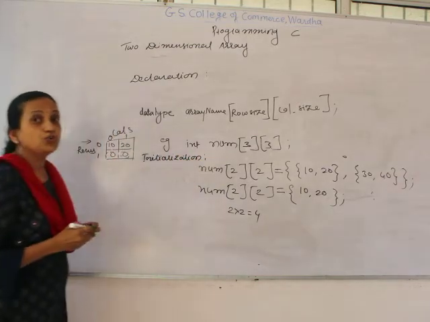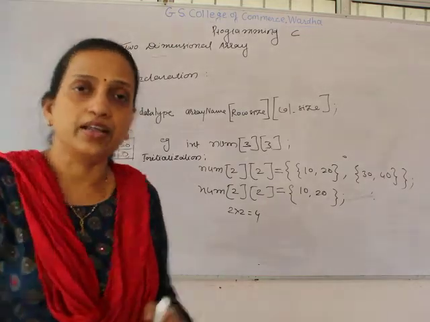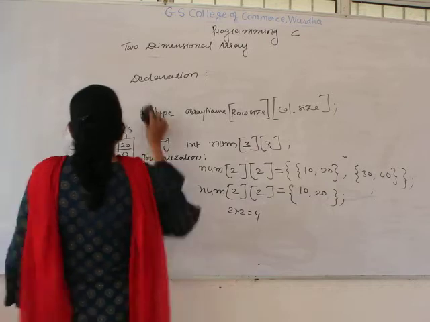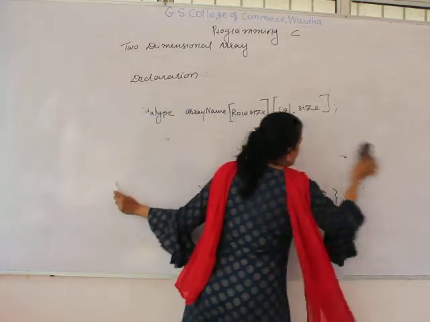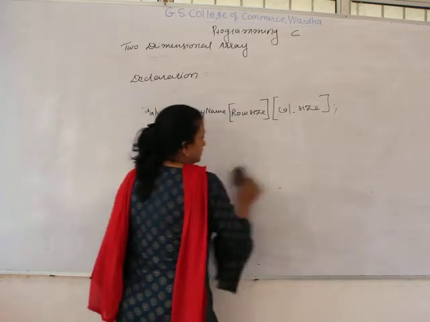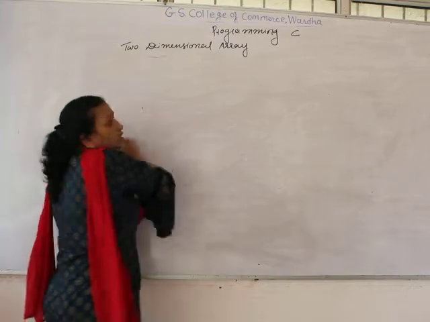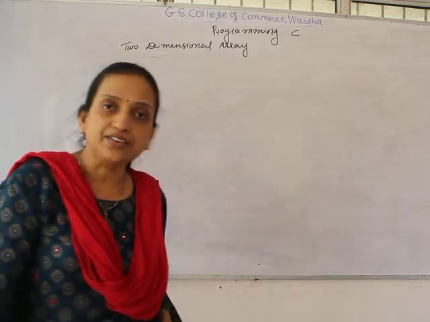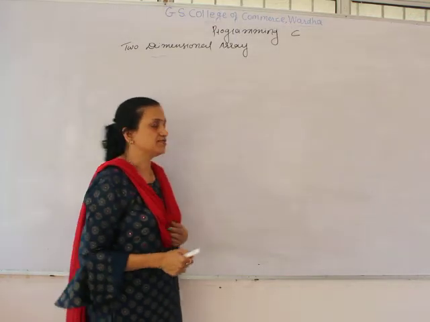Initialization of a two-dimensional array. Now let us have an example to print a matrix. In this example, we will see how to initialize values to the matrix at runtime, that is, by using the scanf statement.